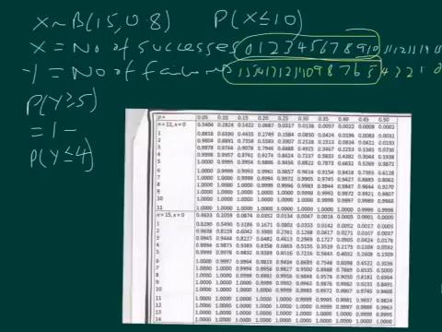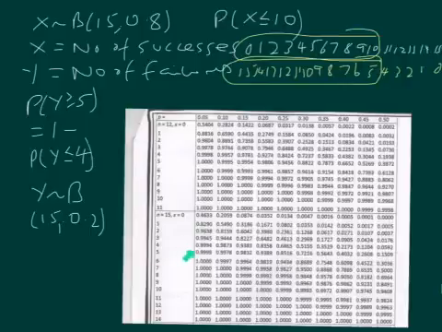But what is the distribution of y? We know that x is a binomial distribution, 15 trials, probability of success is 0.8. So y is part of the binomial distribution, 15, and the probability now is obviously 0.2. So from here we can see we've got 0.2, we've got 15, we want y to be less than or equal to 4, so that works out to be 0.8358.